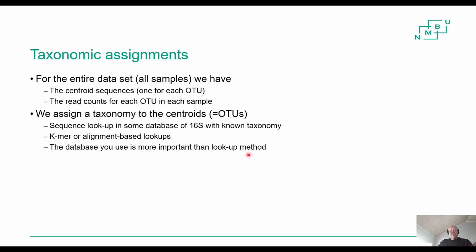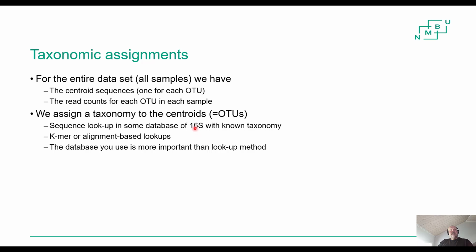That's perhaps easy to understand: if your database contains sequences which are similar to the ones you have just discovered or sequenced, then you will get some taxonomy. If they don't contain these types of sequences, you will not get the taxonomy. So that's pretty obvious, right? The database you use here is very important.